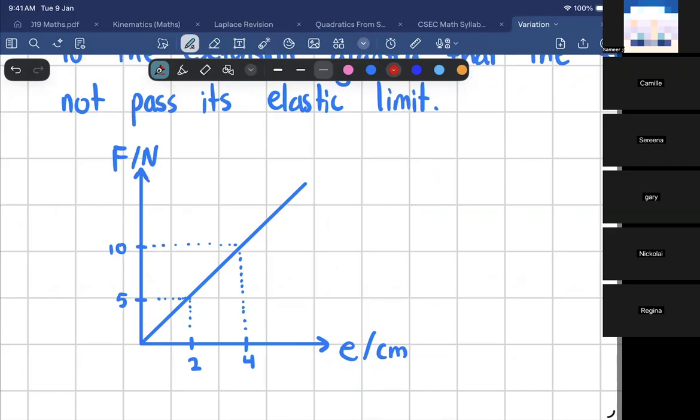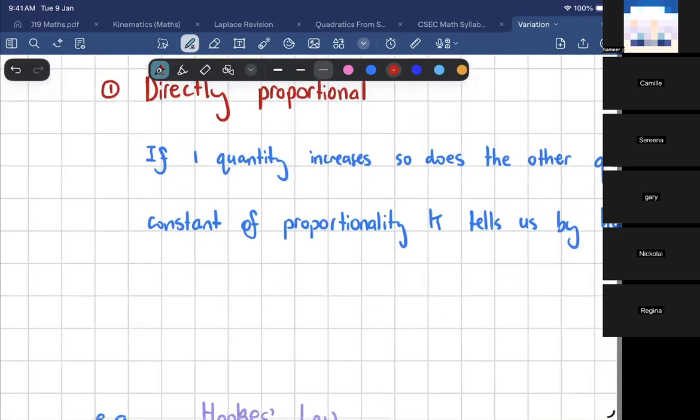Serena, if you had to say, what kind of graph is this? A linear graph. Correct. So all directly proportional graphs are linear.